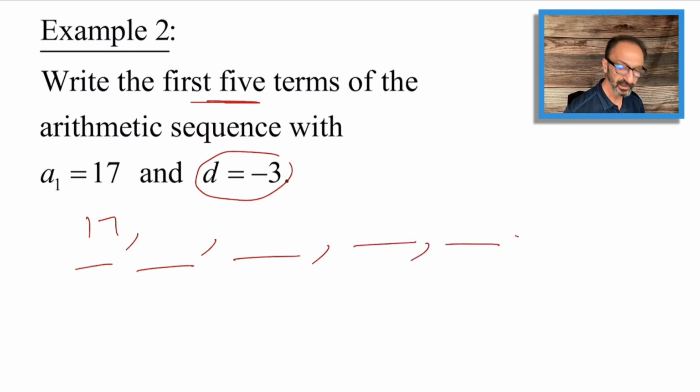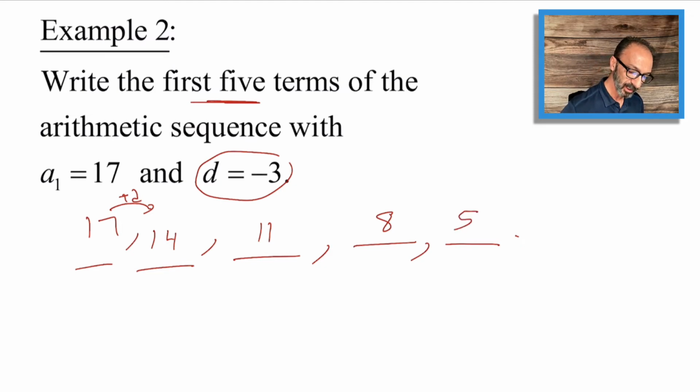D is -3, so we are adding 1 D here. That means we are adding -3, so we go to 14. Add another -3, that goes down to 11. Add -3, in other words subtract 3, that will be 8. Adding -3 one more time gives 5. Done.